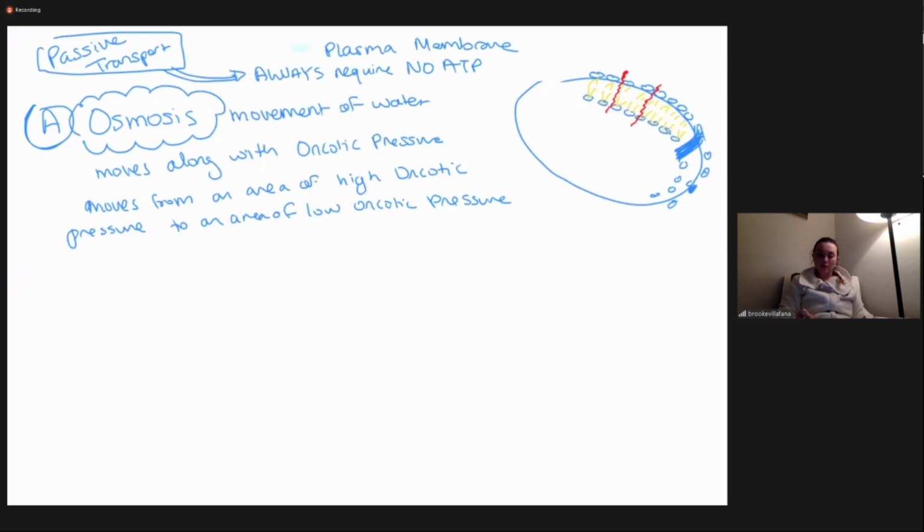That's the big thing with them. And then the second rule for passive transport is they always move down the concentration gradient.